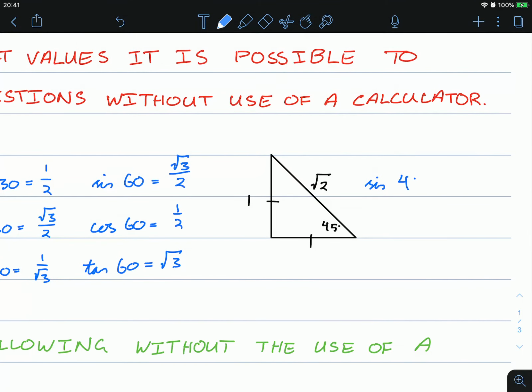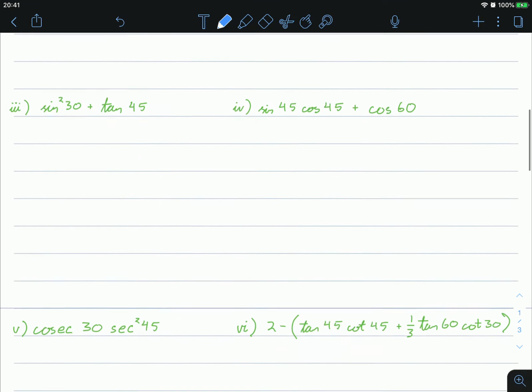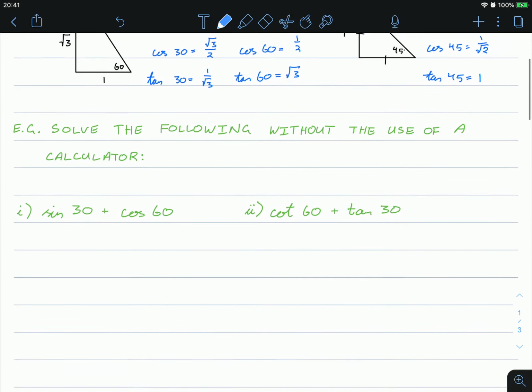Sine of 45 is 1 on root 2. Cosine of 45 is also 1 on root 2, and tan of 45 is equal to 1. So it's these values that we'll be using to solve these questions without the use of a calculator.